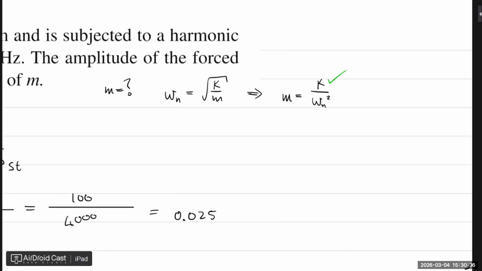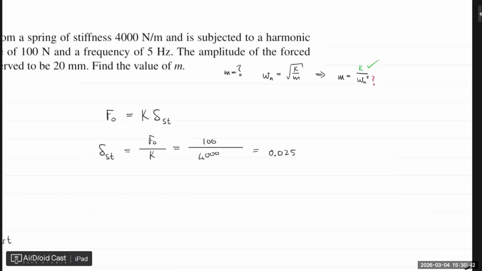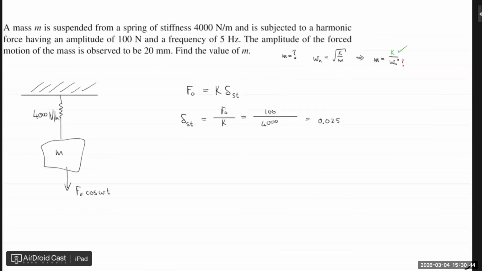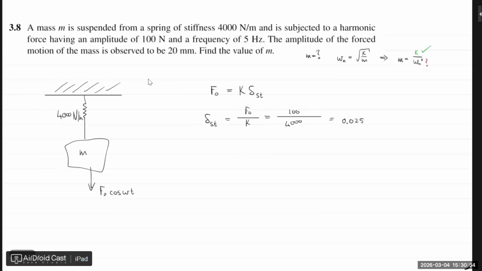I have this already, but I don't have this. So now let's focus on how to get omega n. So now at least I know what to do next. But what do they give me? They give me stuff about the magnitude of the amplitude and the forcing frequency and everything like that.